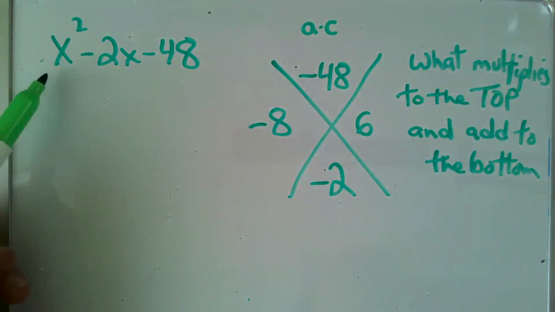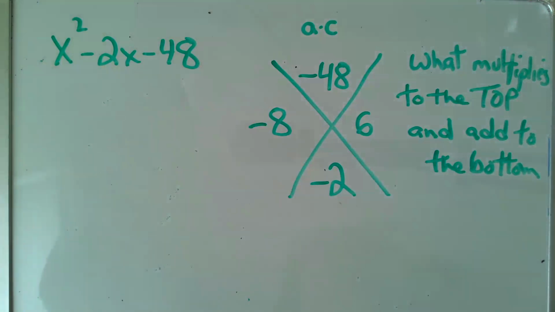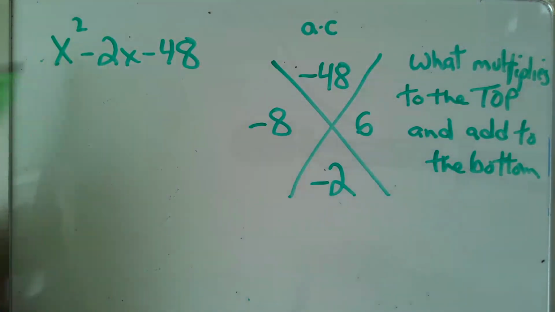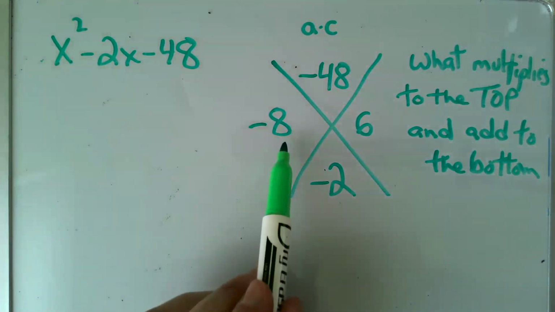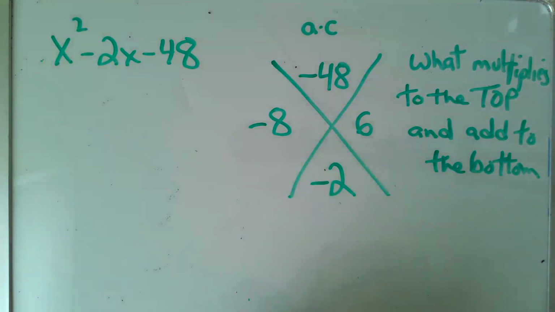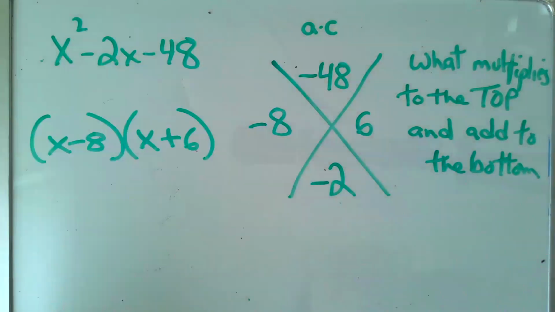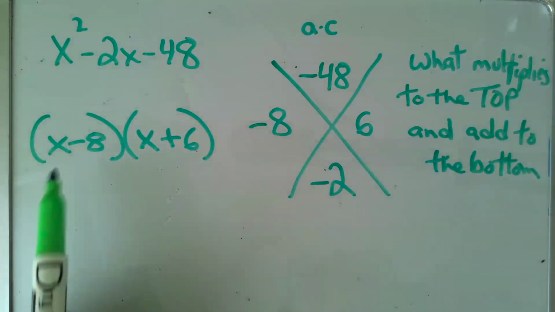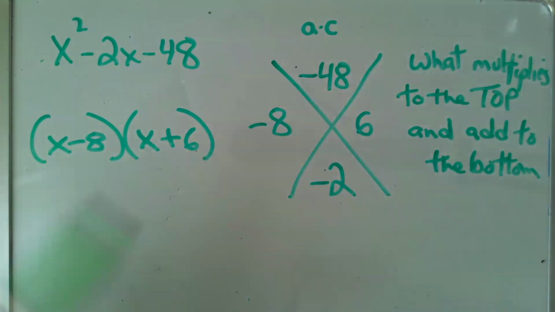Whenever your x squared term is what I call bald, meaning it does not have a coefficient or the coefficient is 1, then the two answers you get in your X method are what go in the factors. And by the way, this is what we would get if we'd gone ahead and factored by grouping with that other one. And so these are my two factors of this quadratic.